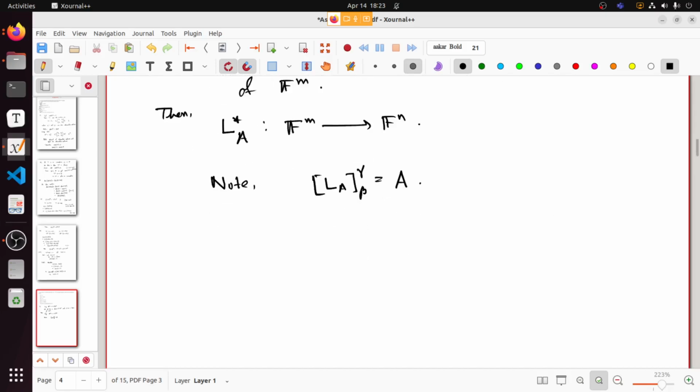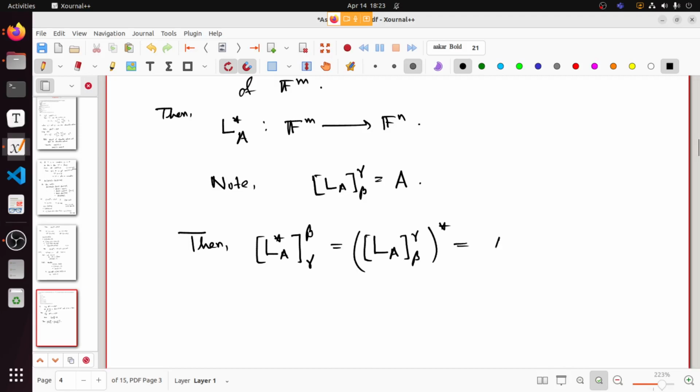So then let's compute this LA conjugate transpose. LA star will be mapped from gamma to beta, right? So what is the matrix of the conjugate transpose? It is basically the matrix, and you take the conjugate transpose of that, right? So this was done in class: the matrix of LA with respect to beta gamma, and the conjugate transpose of this.